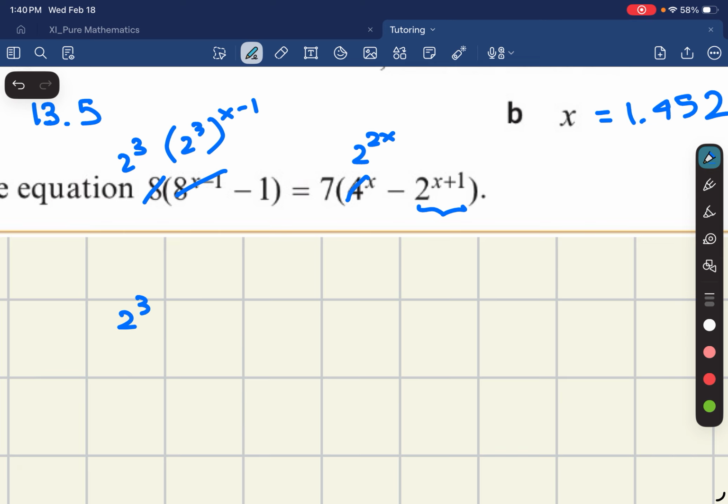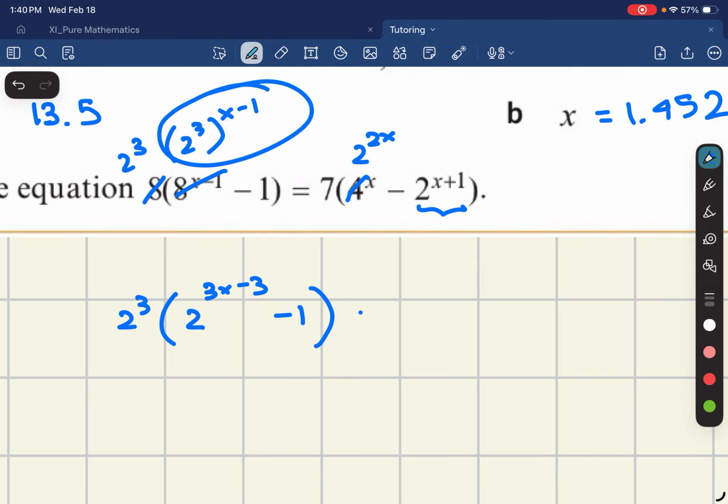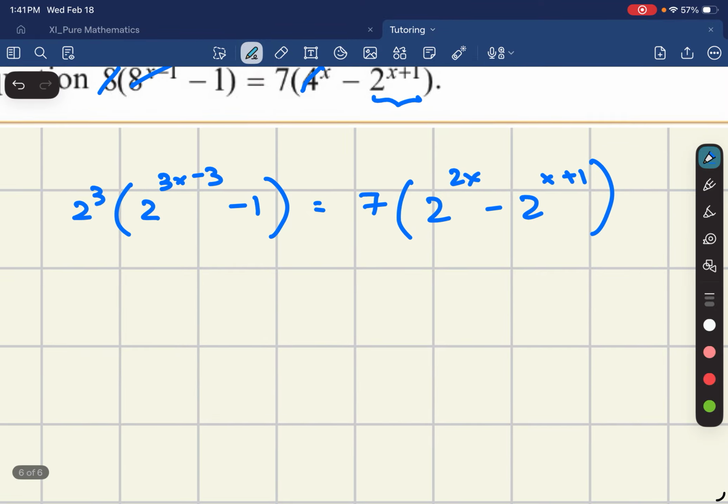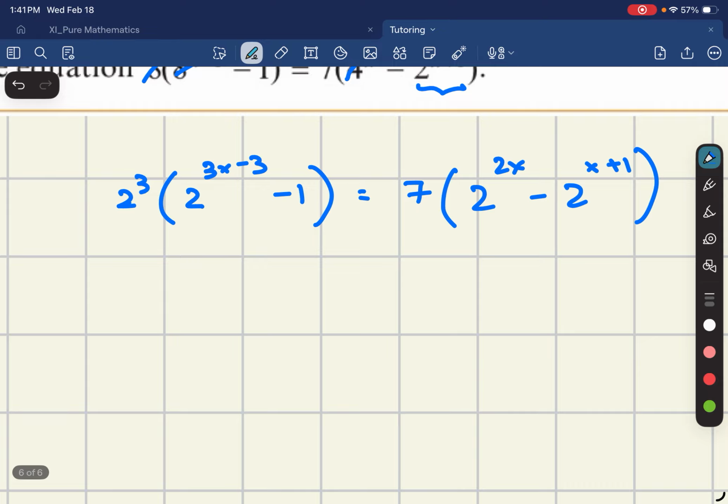So I have 2 to the power 3. Inside my bracket, I have 3x minus 3 minus 1. When I multiply this out here, 7, 2 to the power 2x minus 2 to the power x plus 1. And now, let me just multiply things in. So if I multiply, then I get 2 to the power 3x minus 2 to the power 3 on my left-hand side.